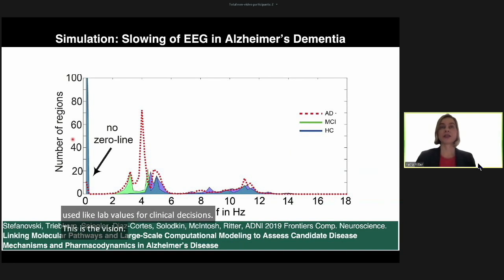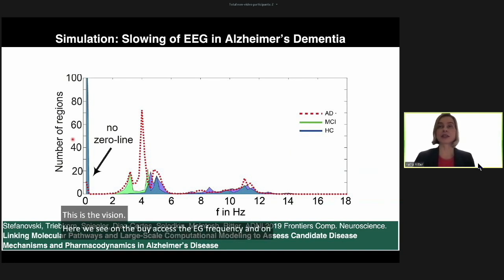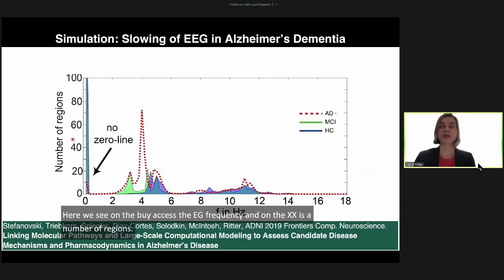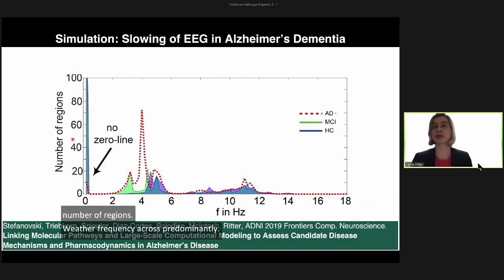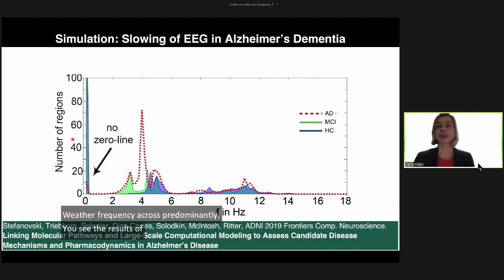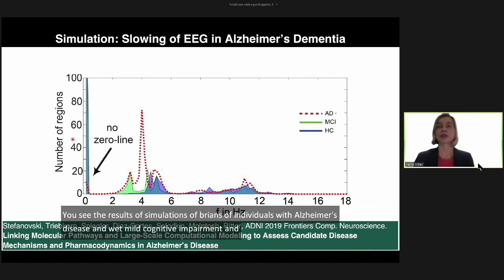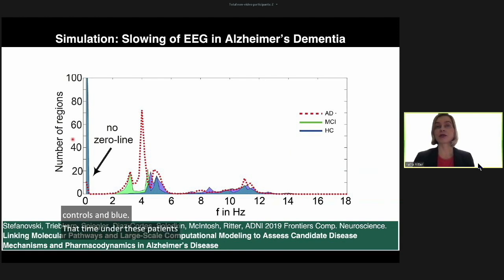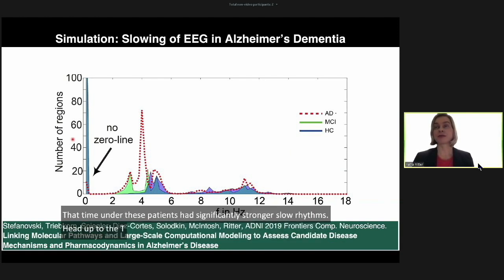Here we see on the y-axis the EEG frequency and on the x-axis the number of regions where that frequency occurs predominantly. We see the results of simulations of brains of individuals with Alzheimer's disease in red, mild cognitive impairment in green, and healthy controls in blue. The Alzheimer's disease patients had significantly stronger slow rhythms, theta activity, in their simulated EEG.